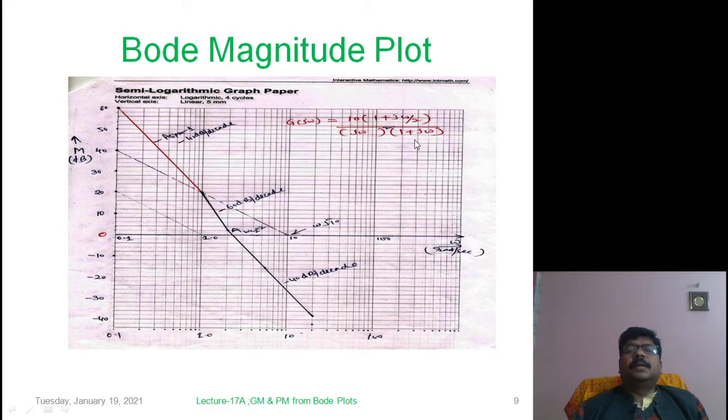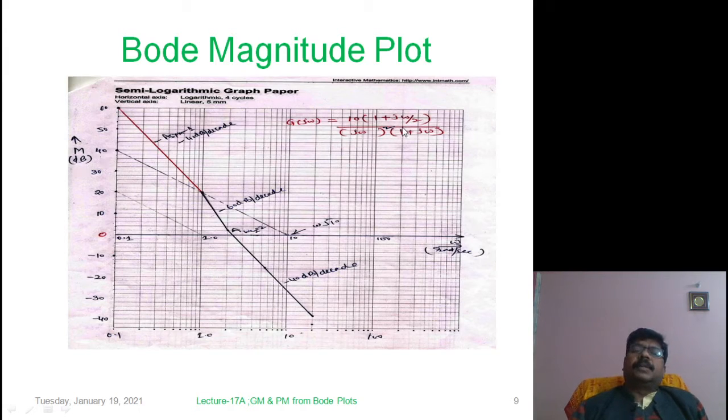Since this is a minus 20 and this 1 plus j omega will also contribute a minus 20 dB, for this part with this asymptote the slope will be minus 60 dB per decade: minus 40 dB and minus 20 dB. So the net slope will be minus 60 dB, and this will continue up to the corner frequency omega equal to 2, and this will touch this point.